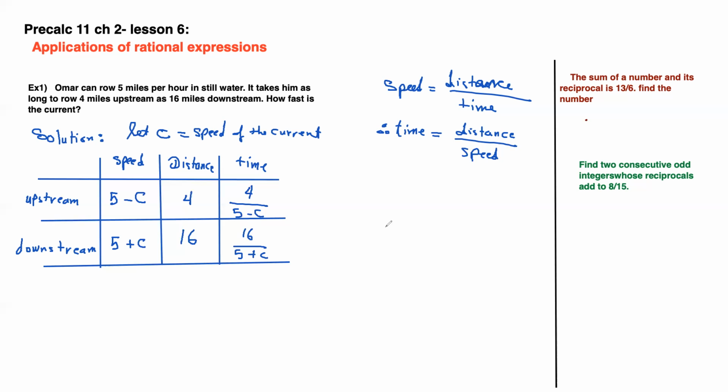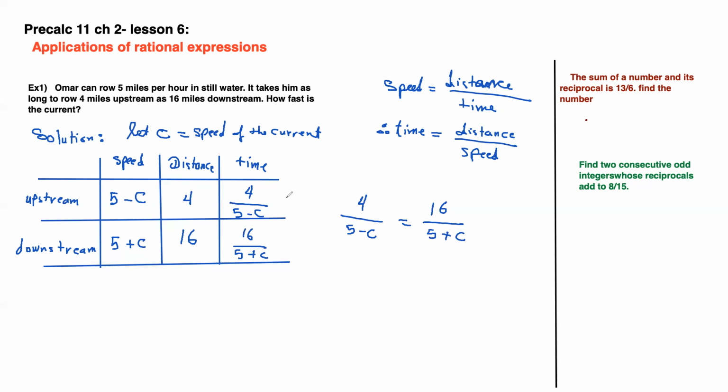So both of these times, we must make them equal, since that's what the statement says there. So therefore 4 over 5 minus c should equal the same time as 16 over 5 plus c.